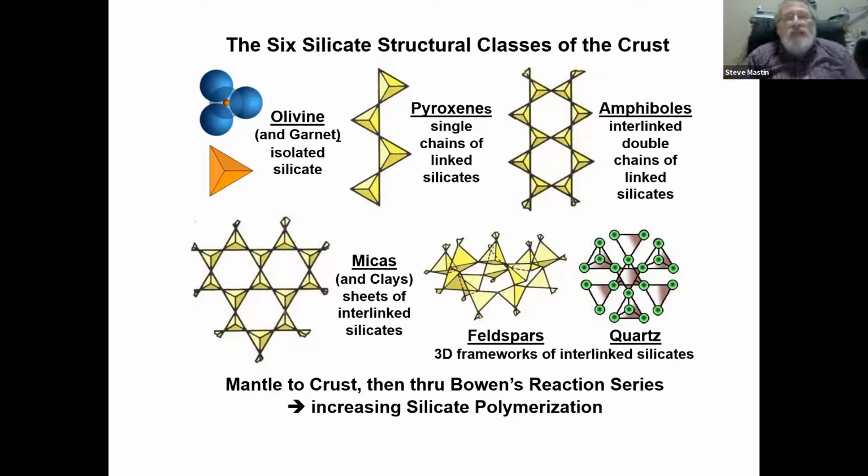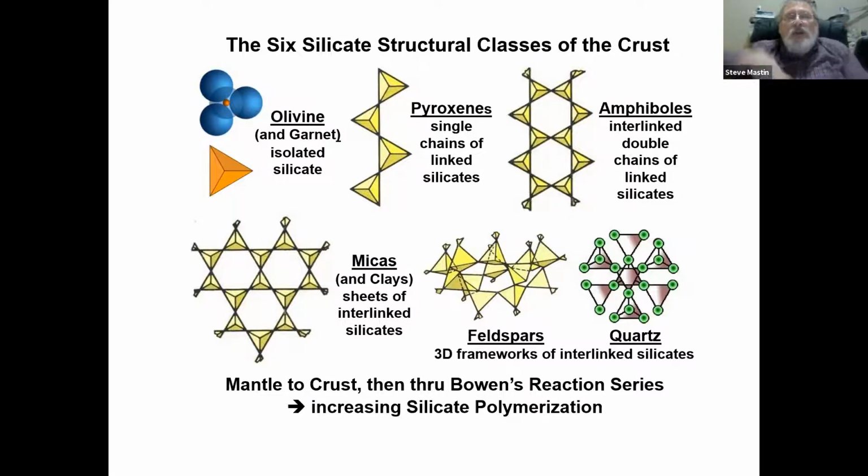And then micas, and we saw that there were 2 kinds of micas primarily, and also clays end up being 2-dimensional sheets all linked together. And then when you get to the feldspars and the quartzes, they're 3D frameworks.